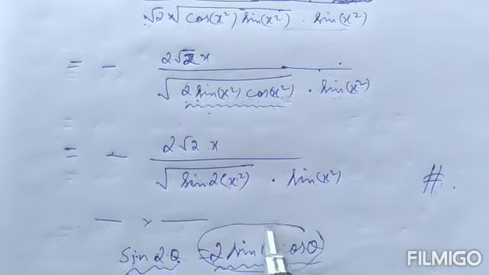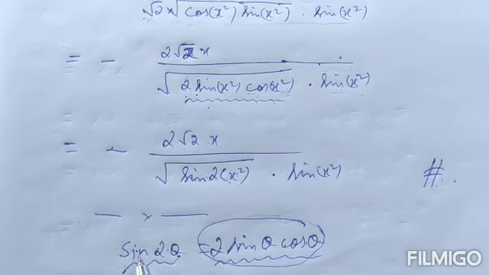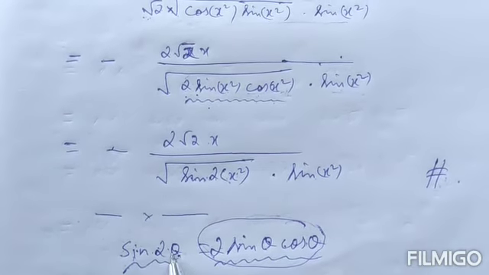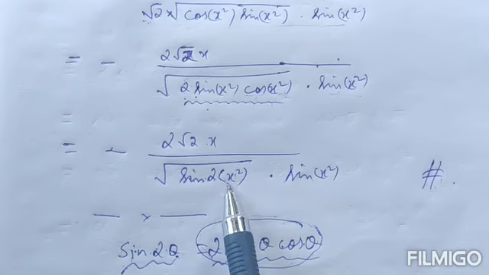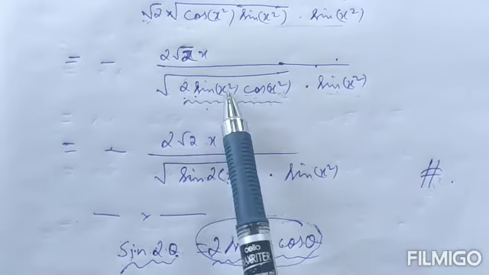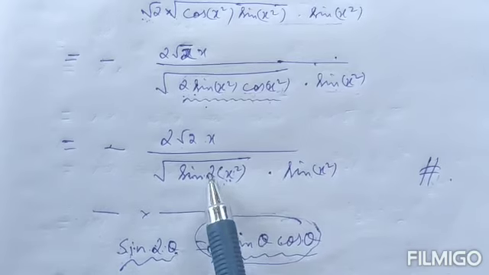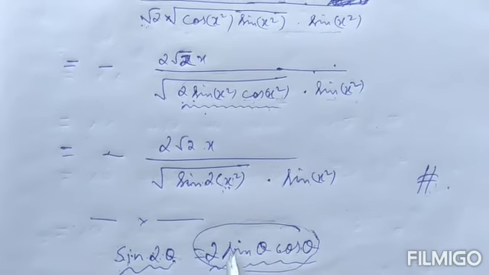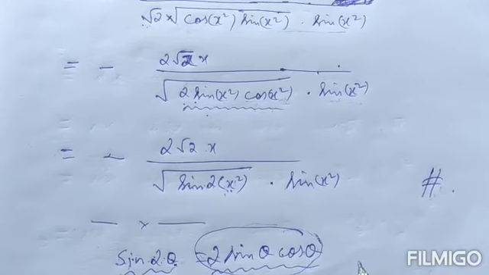So by using this formula, this 2 sine theta cos theta can be replaced by sine 2 theta, which I have written in the next line, sine of 2 theta. What is our theta in this case again? Theta is x square. That means in place of sine 2 theta, I'll have sine of 2 x square. And then sine of x square remains the same. Up to that much will be the answer.